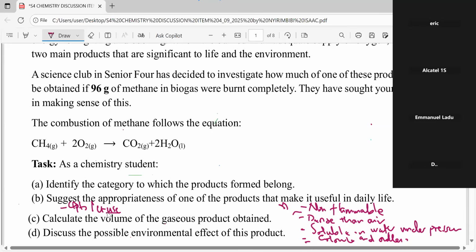So we need to look at one use plus some properties, even 3 properties. Because when we talk about appropriateness, we are looking at what makes it good to perform its work, or its purpose. So here you look at one use and also 3 properties. Emmanuel, thank you very much. That was a very good response.